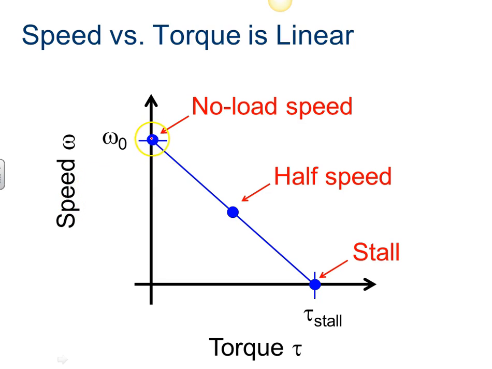The y-intercept is the no load speed, or the omega naught. Down here, on the x-intercept, we have the stall torque. Graphed against one another, we have a linear plot with a negative slope.